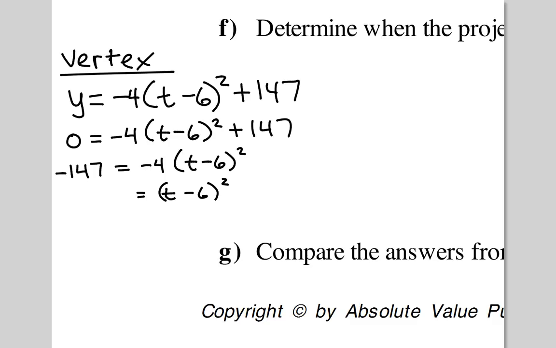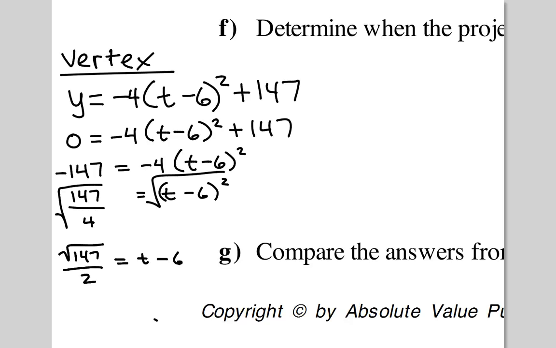We have to keep it like this. Then we square root this on both sides. And you get square root 147 over 2 equals t minus 6. But it's plus or minus, right?